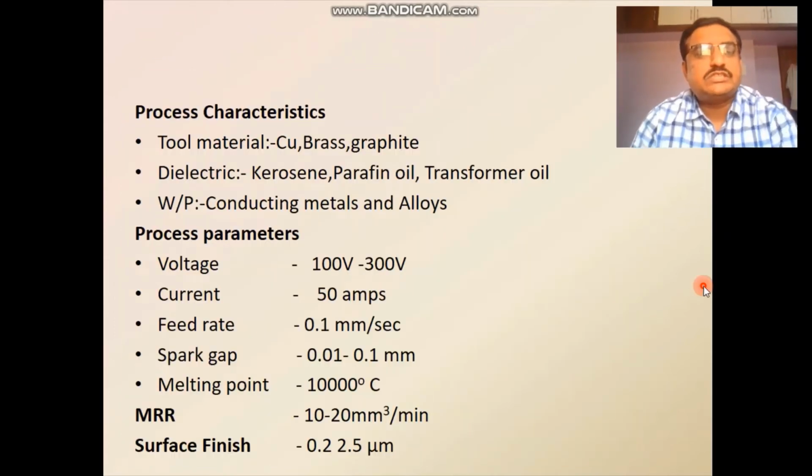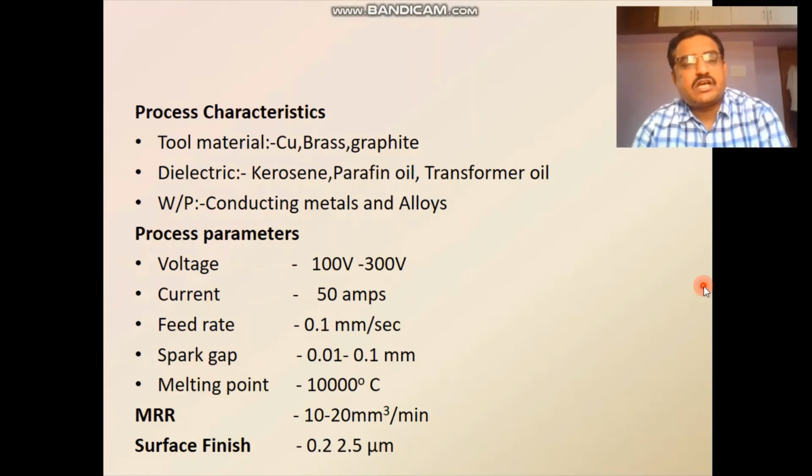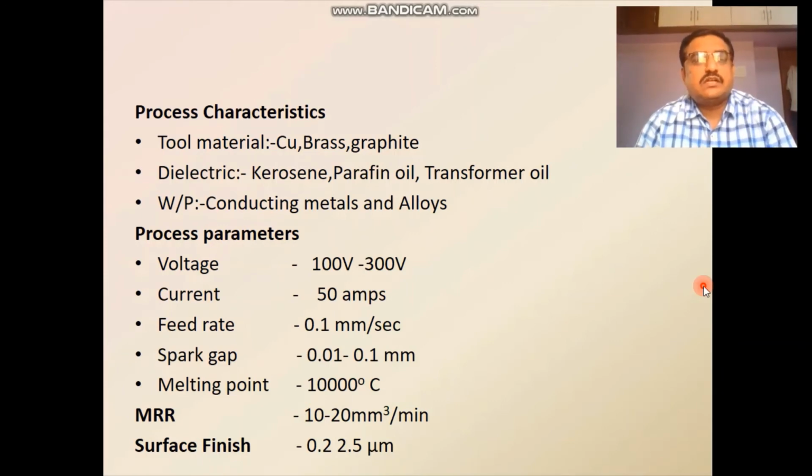Now the process characteristics of this process are: the tool material is conducting, which is copper, brass or graphite, and the dielectric is either kerosene, paraffin oil or transformer oil, and the workpiece is also made from conducting material. It may be metal or alloys.